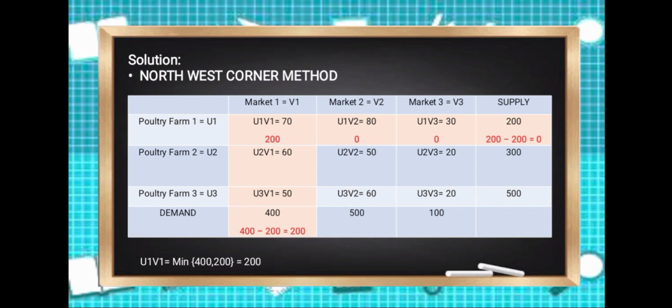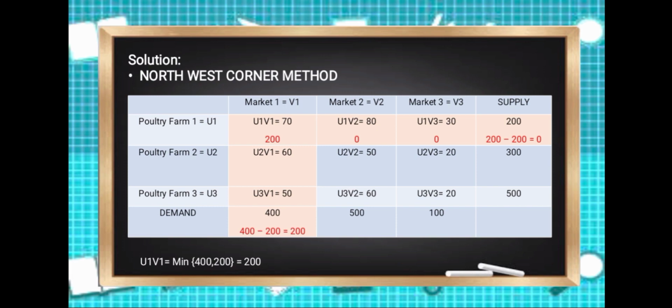After that, the demand of column 1 is 400, so 400 subtract 200 is equal to 200. So the demand of our market 1 is now 200. And then the supply of poultry farm 1 is 200, so 200 subtract 200 is equal to 0.